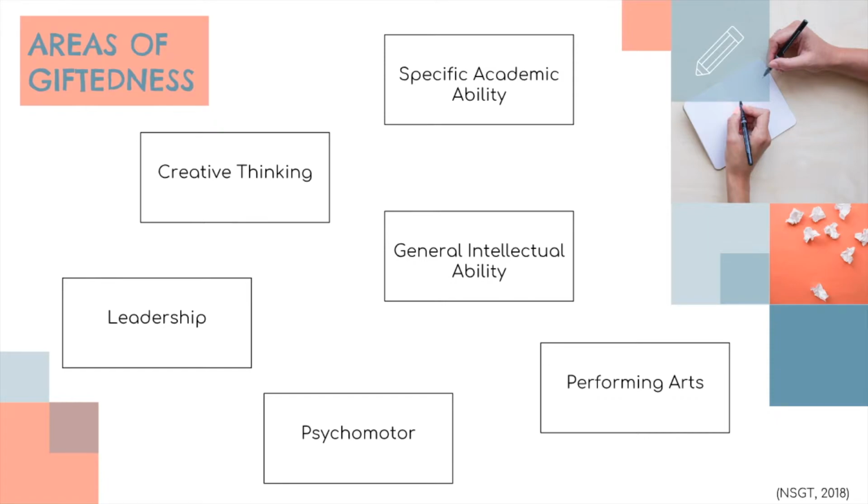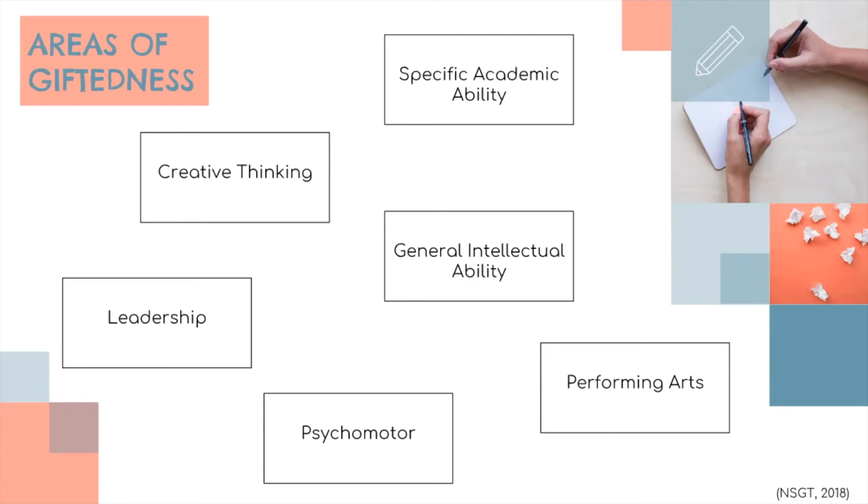Similarly, another area of giftedness is the general intellectual ability student. It's a student that has a particularly good ability to process information in complex ways. This individual is inquisitive and loves to use large vocabulary and express themselves in a variety of ways, especially when it comes to learning quickly.